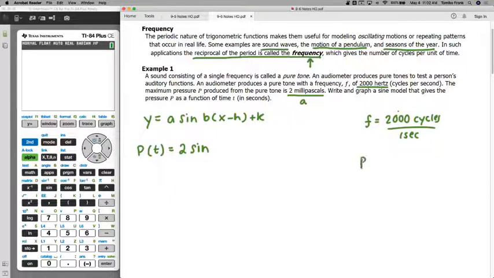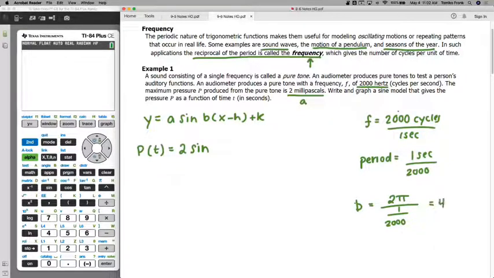So the period then of this function is just that reciprocal, 1 over 2000. Okay, so we can find the frequency of our function, which I'm going to call B because that's what's denoted in the standard equation for sine. That is always our standard period for sine or cosine, 2 pi, divided by the period.